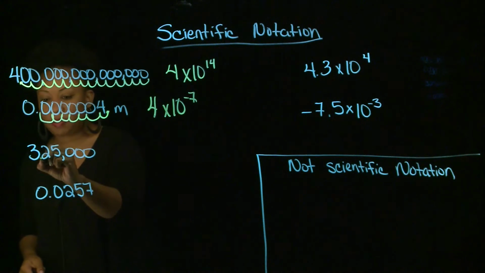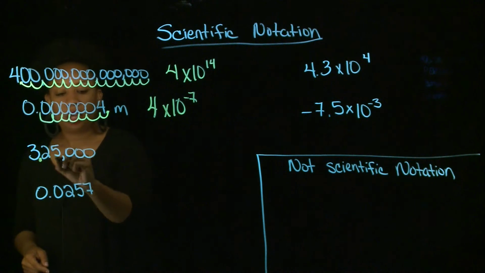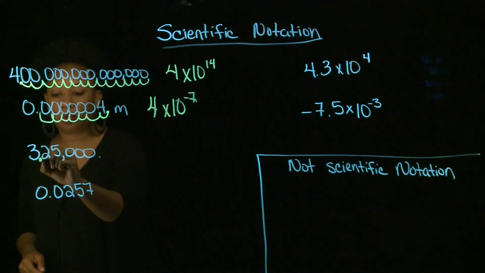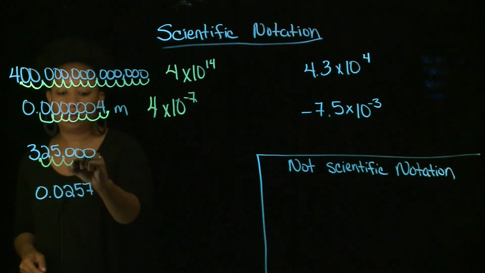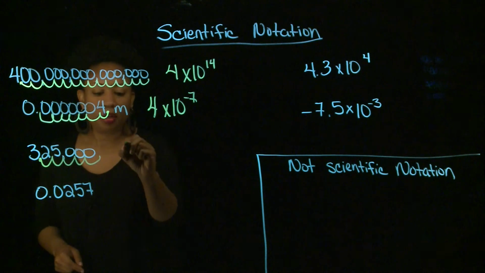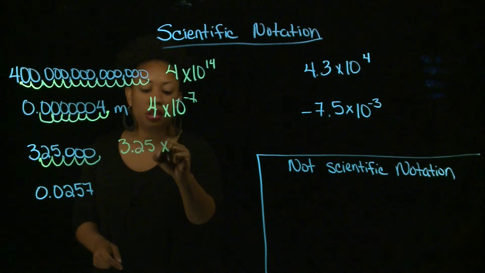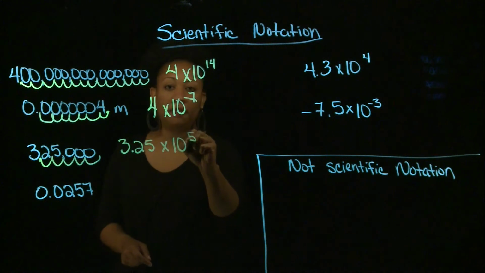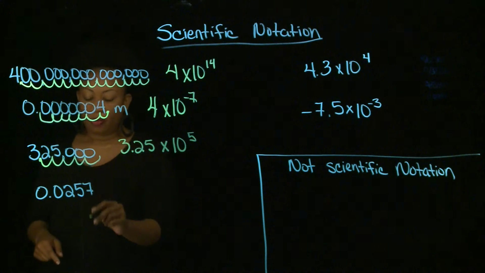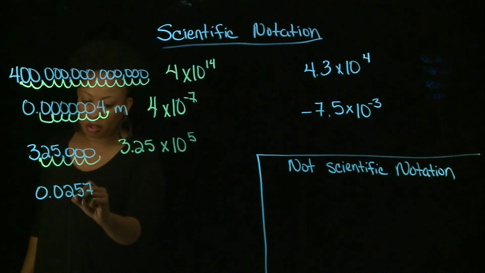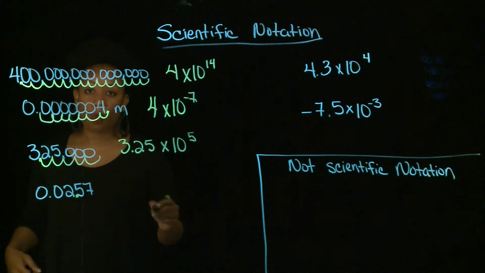We're going to place our decimal point here. And then to go to here, we're going to count 1, 2, 3, 4, 5. So this is going to be 3.25 times 10 to the 5th. For this one, we want our decimal place to be here. Why there?